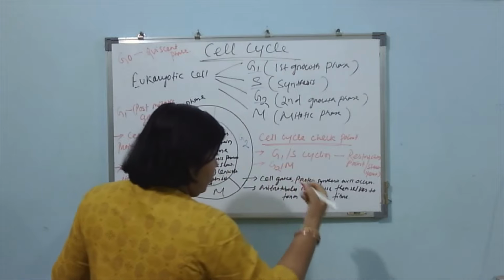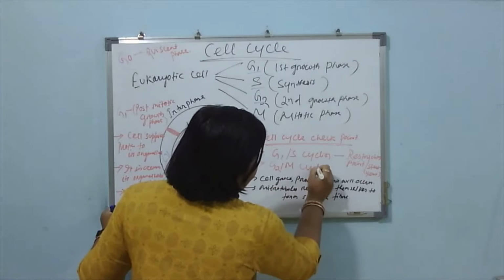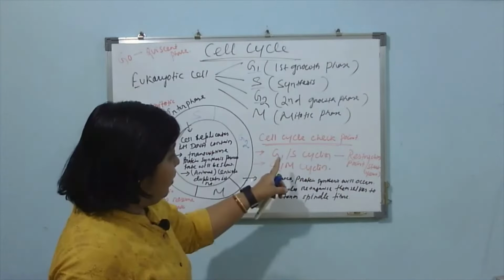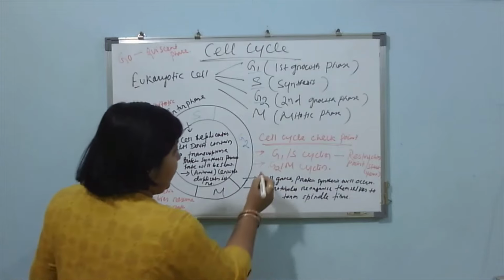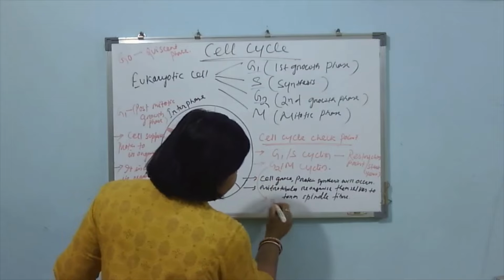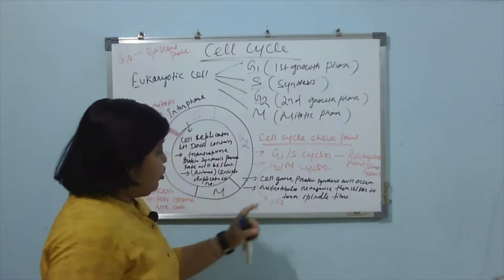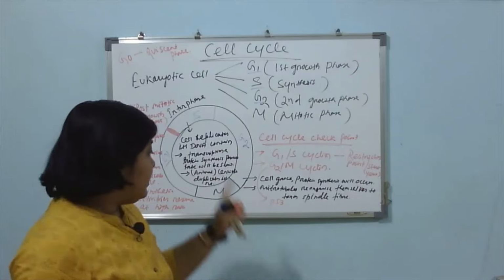It is controlled by G2M cyclin. The G2M checkpoint is regulated by a particular gene, which is a tumor suppressor gene. That gene is P53. It ensures whether the DNA is perfect or not for cell division.